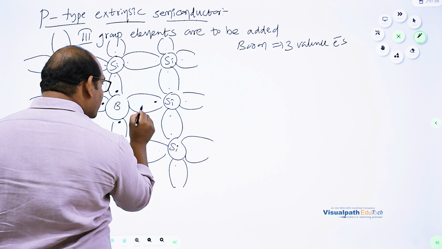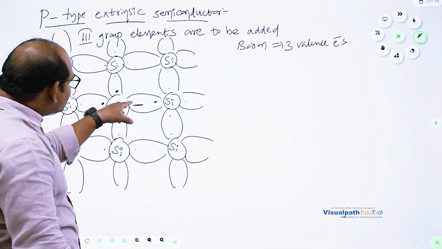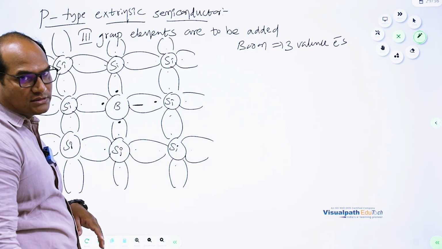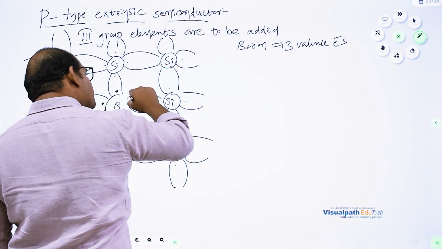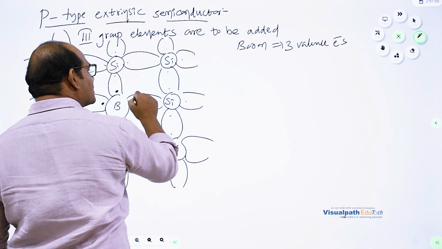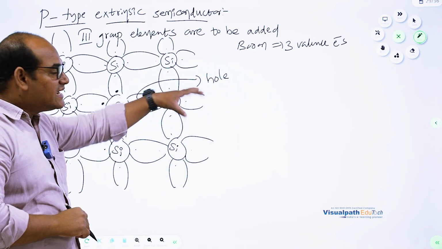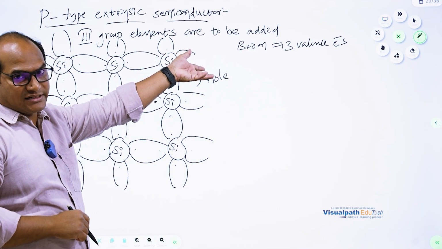But now a vacant space is available. To fill it, boron has no valence electron. This vacant space is in the covalent bond, so it is called a hole. So this hole is created, but a free electron is not created.